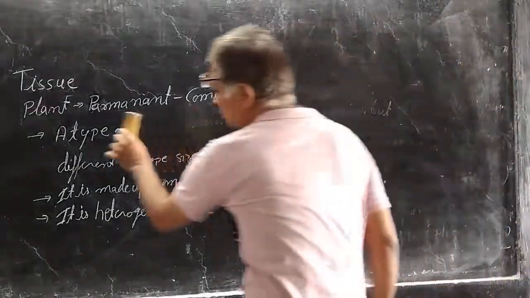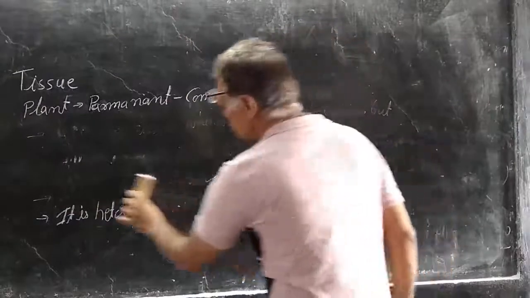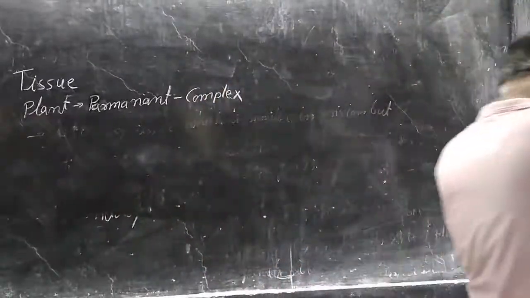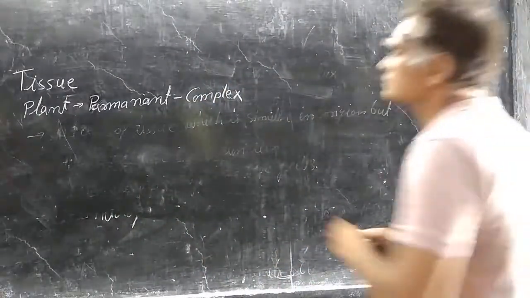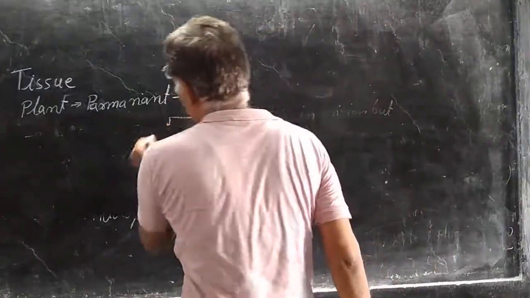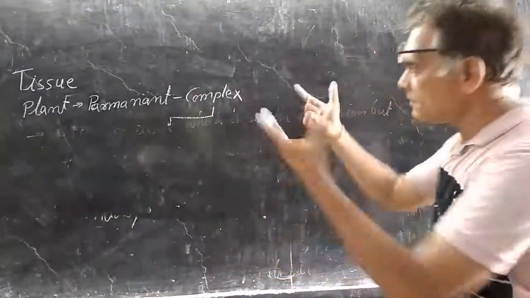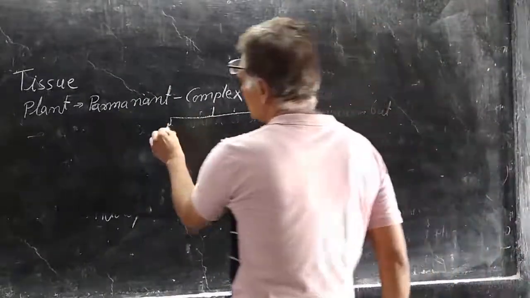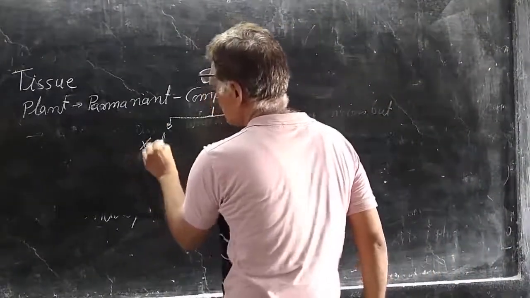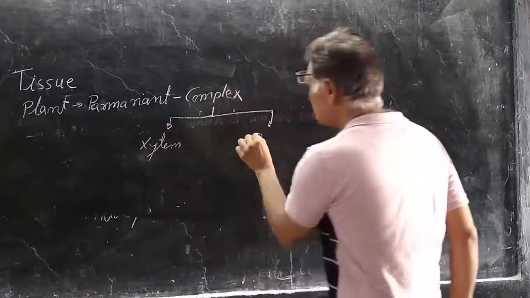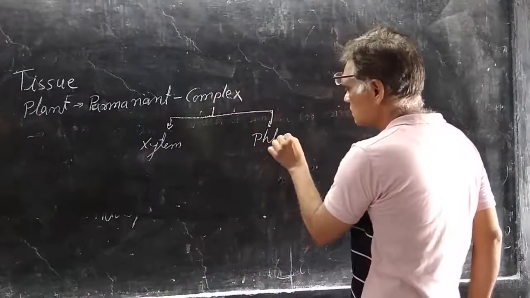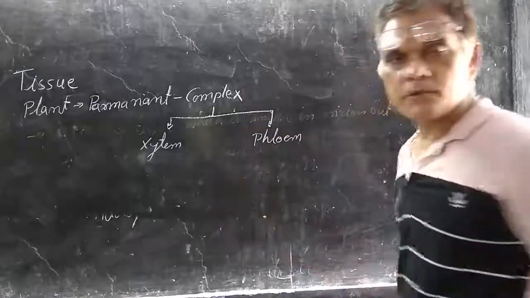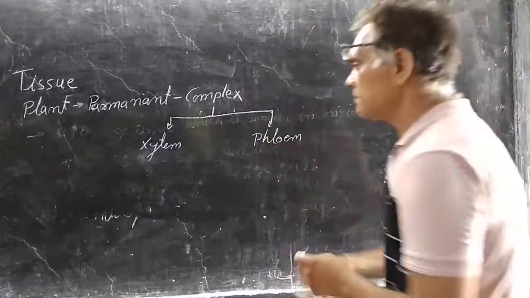Complex tissue is of two types. Firstly, I prepared the mind map of complex tissue. It is of two types: xylem and another one is phloem. Xylem is made up of four types of elements or four types of cells.